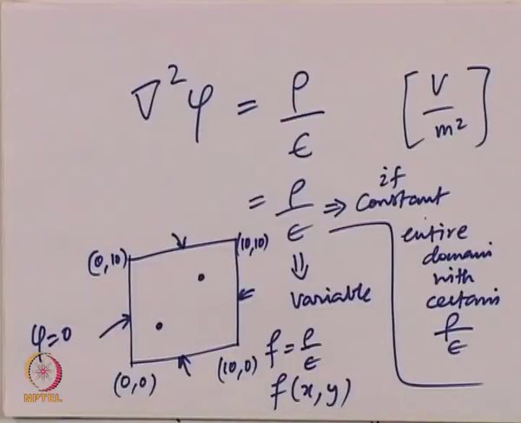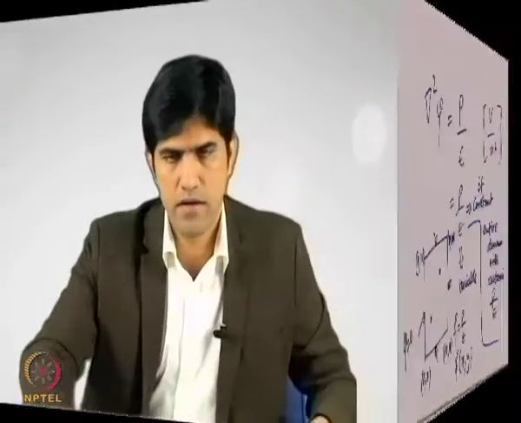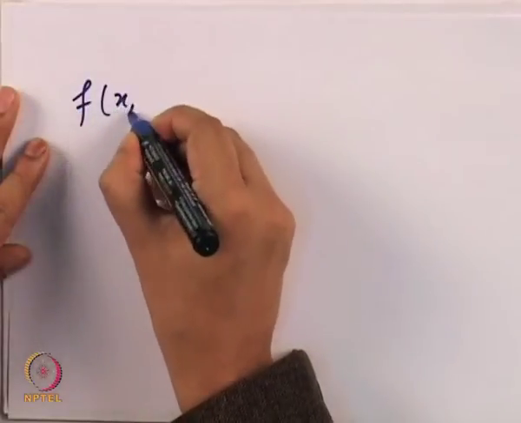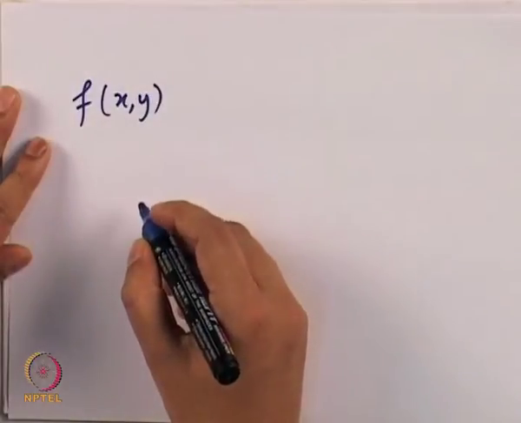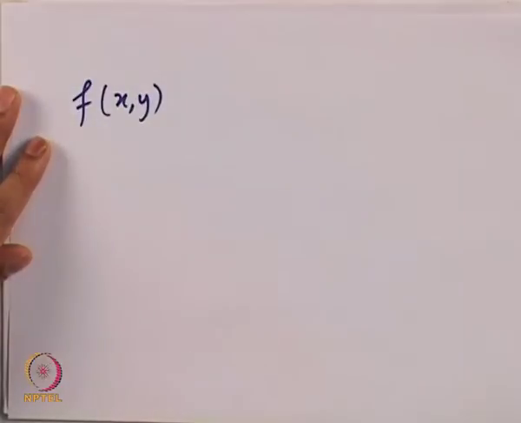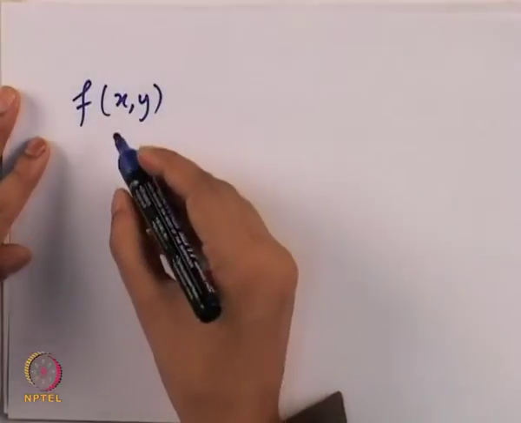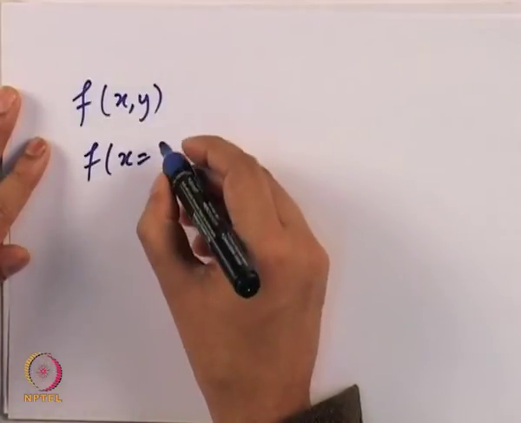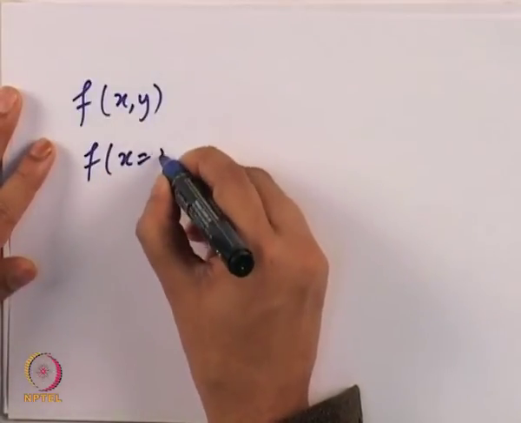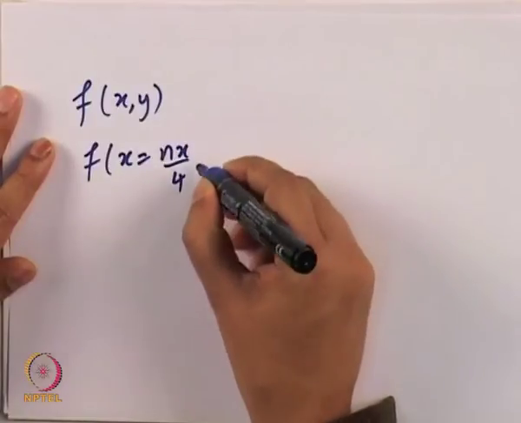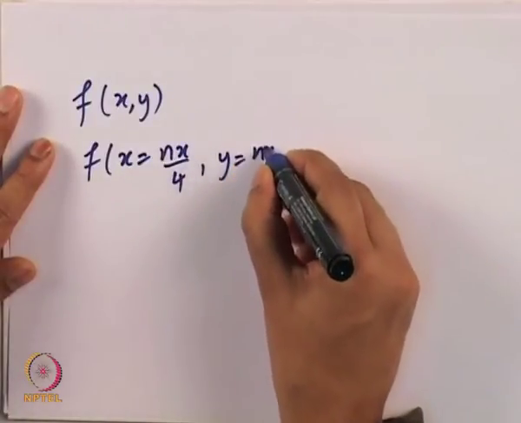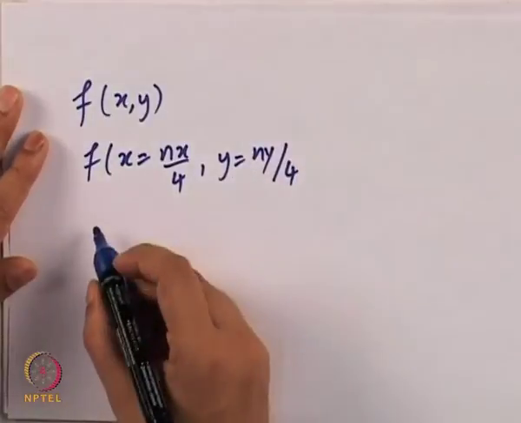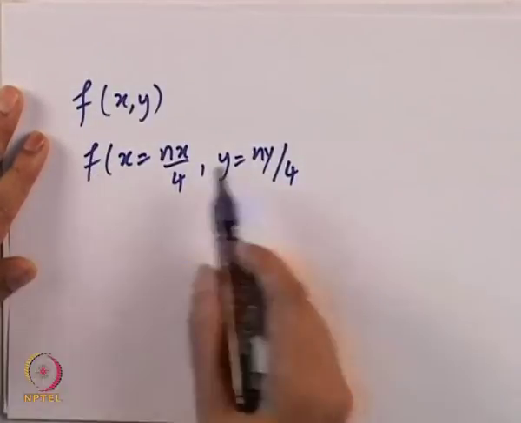Let us take this further and assign certain values for the source itself. The source is going to be defined as f of x comma y. We define the value of the source at 2 points.